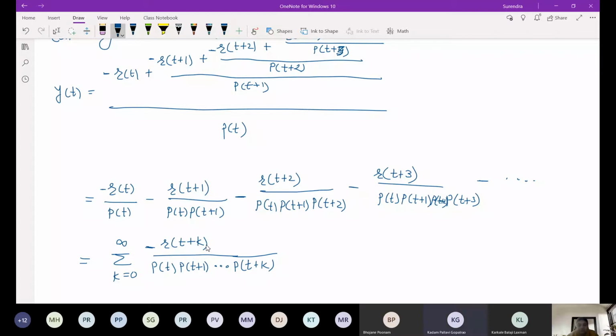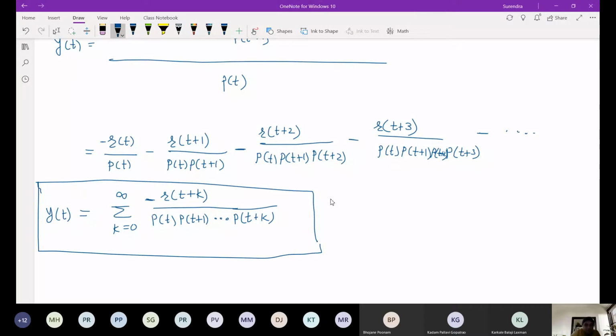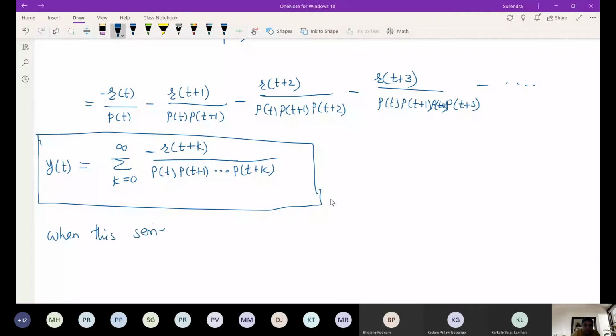Are you getting this? Yes, ma'am. So Y t we can write in terms of infinite series like this. When this series converges, its sum must be a solution of which equation?